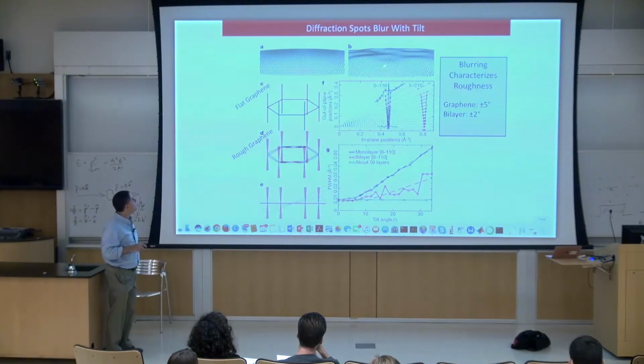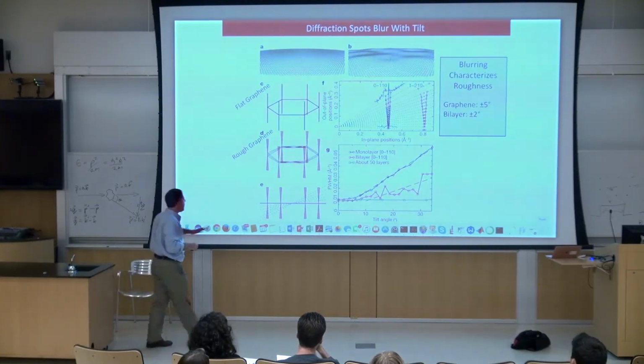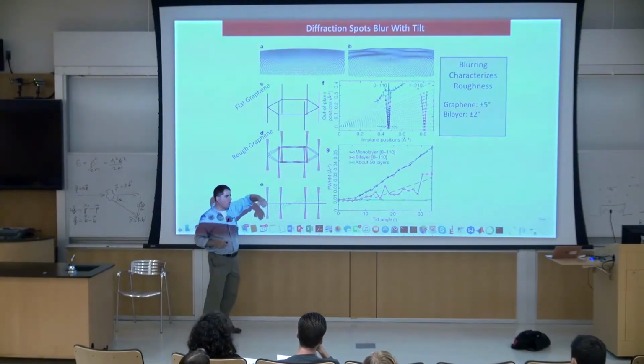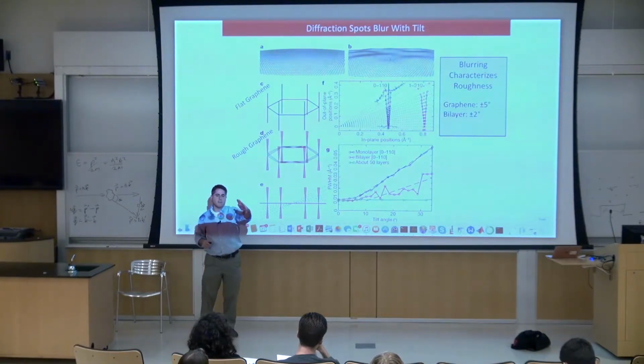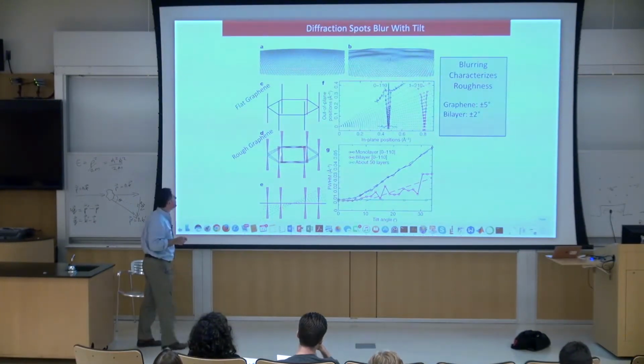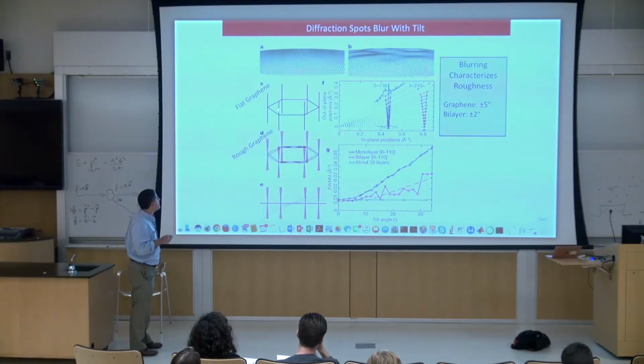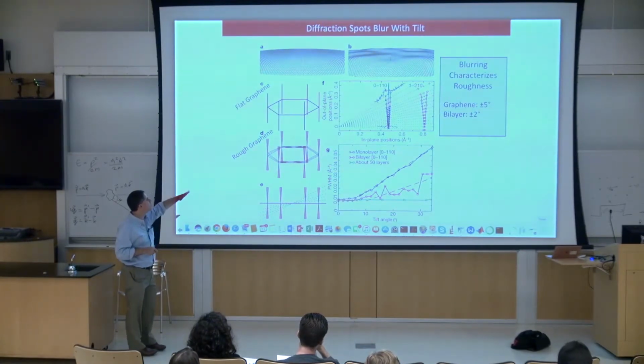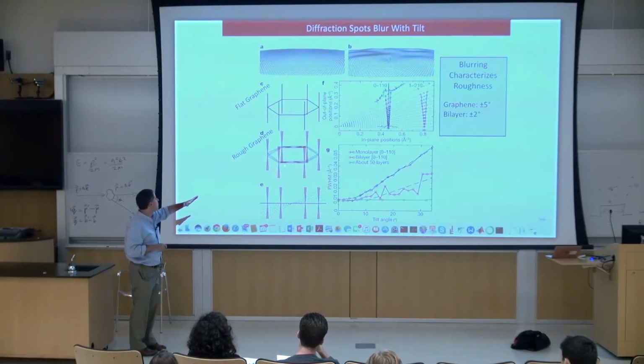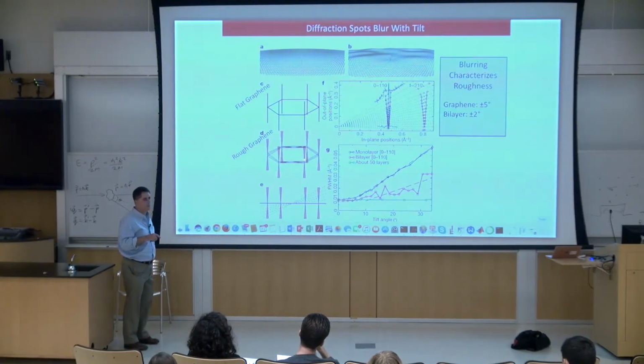If I have a rough piece of graphene with ripples, then I'm averaging over a whole bunch of pieces of graphene at different tilts. What that does is give me a line perpendicular to each surface normal, and because the graphene is rippled, the surface normals form a pattern of cones.